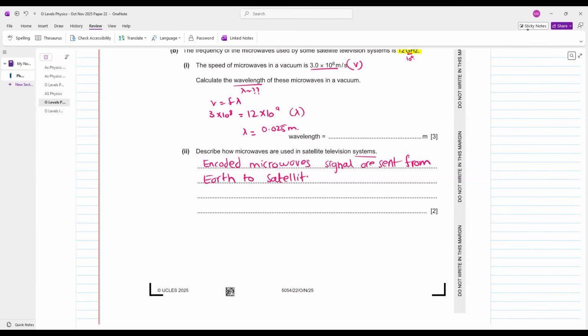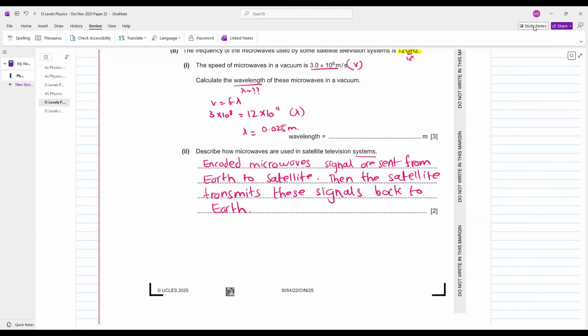What happens? सैटेलाइट से फिर ये सिग्नल्स वापस ट्रांसमिट होते हैं टू द अर्थ. यू विल से देन द सैटेलाइट transmits these signals back to earth. Simple. आगे बढ़ते हैं बेटा.